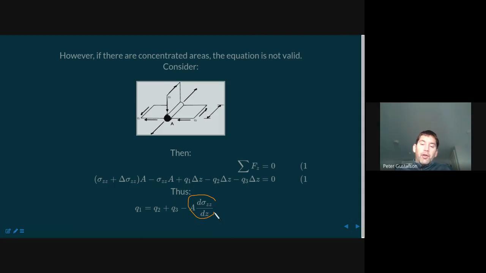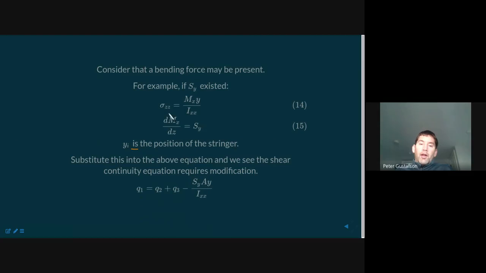That's this equation. What we get is that this equation is slightly modified but represents the same things. Now, Q1 is equal to Q2 plus Q3 minus the resultant shear on the cross section times the area times the y position over the I value.